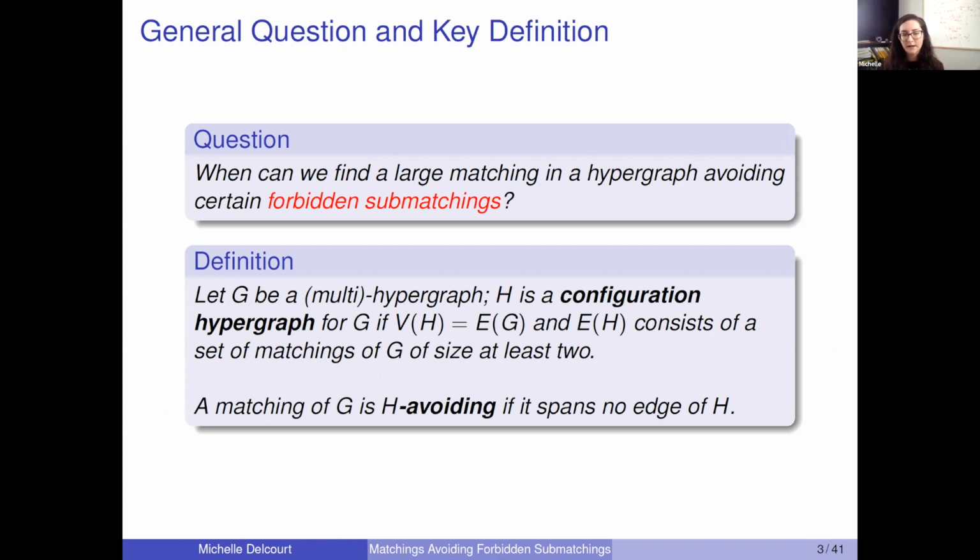In this context, a matching of the original hypergraph G is H-avoiding if it spans no edge of this hypergraph H.